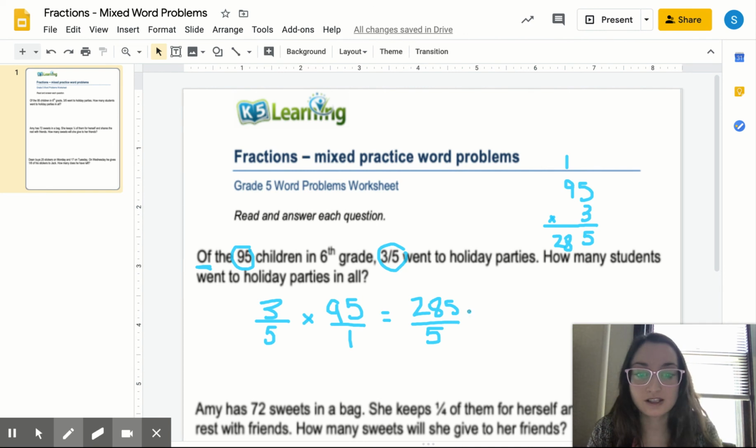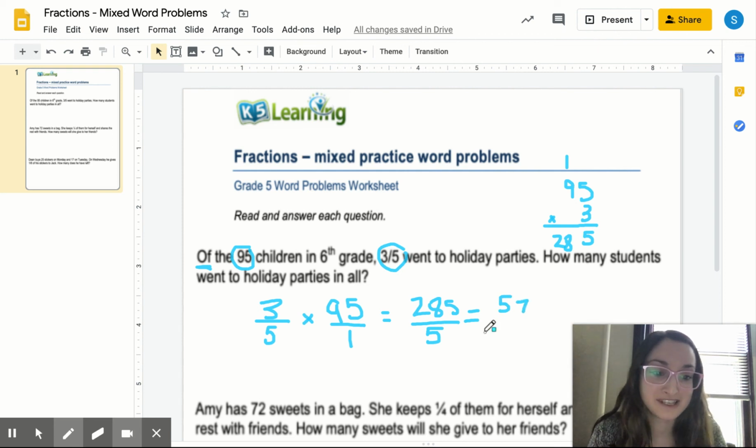Okay, so let's see. If I divide 285 by 5, you can do that as long division, or we can use a calculator and say 285 divided by 5 is 57. Just because I'm short on time today, but we can always do that with our long division too.